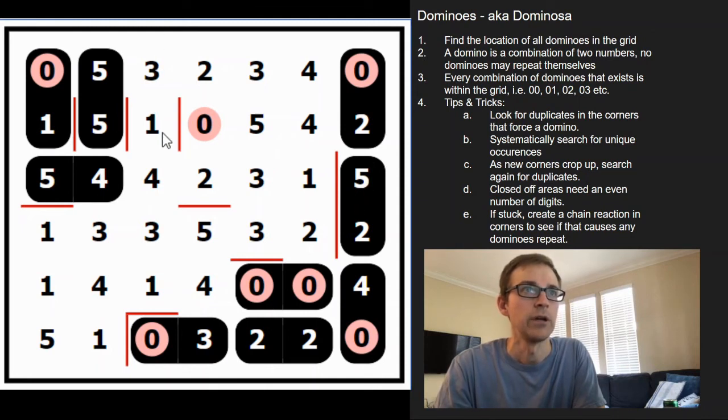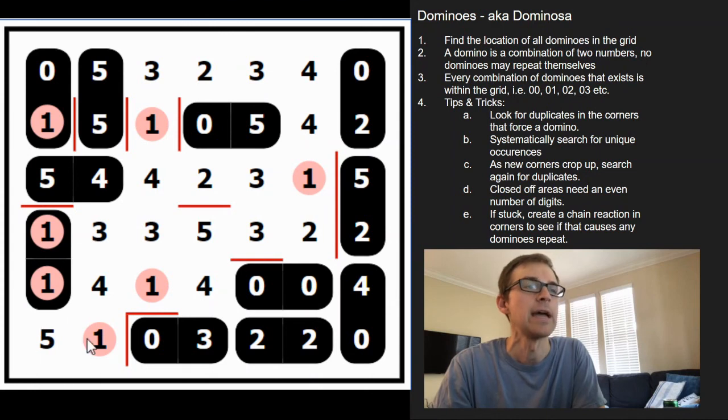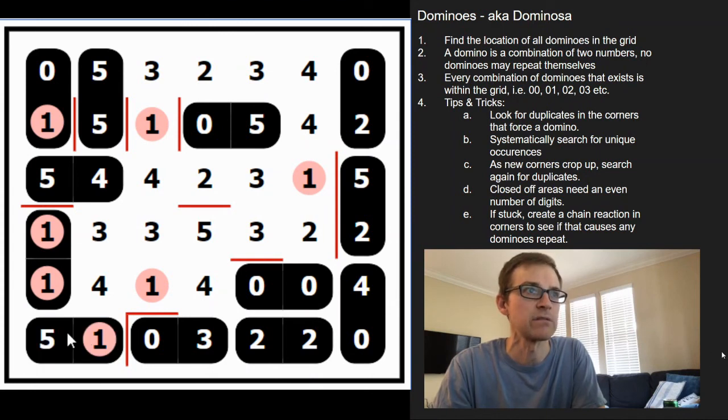We're looking, this is the last 0, so that 0-5 must be the domino because the 0-2s are already showing on the grid. So this has to be a domino there. If we look at the 1s, we have a 1-1 pair here. That's the only 1-1 pair, so that must be a domino, and that forces this 1-5.